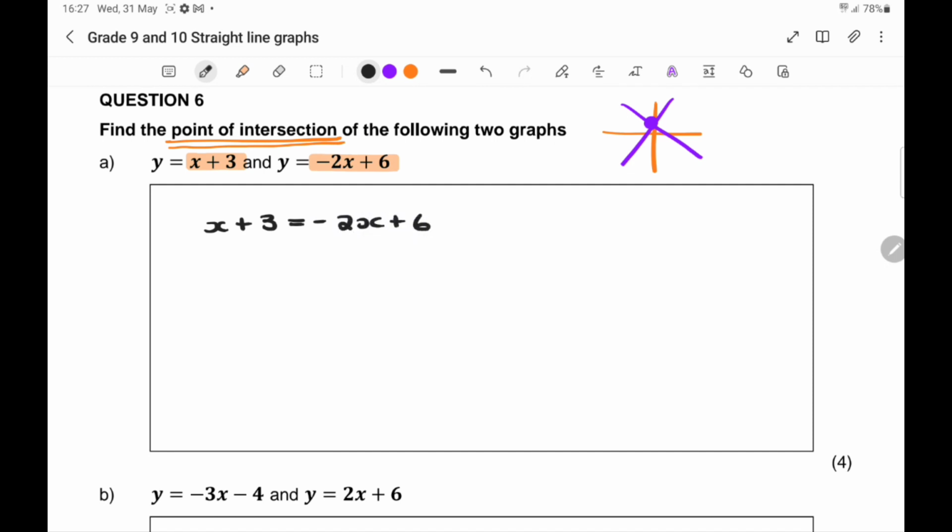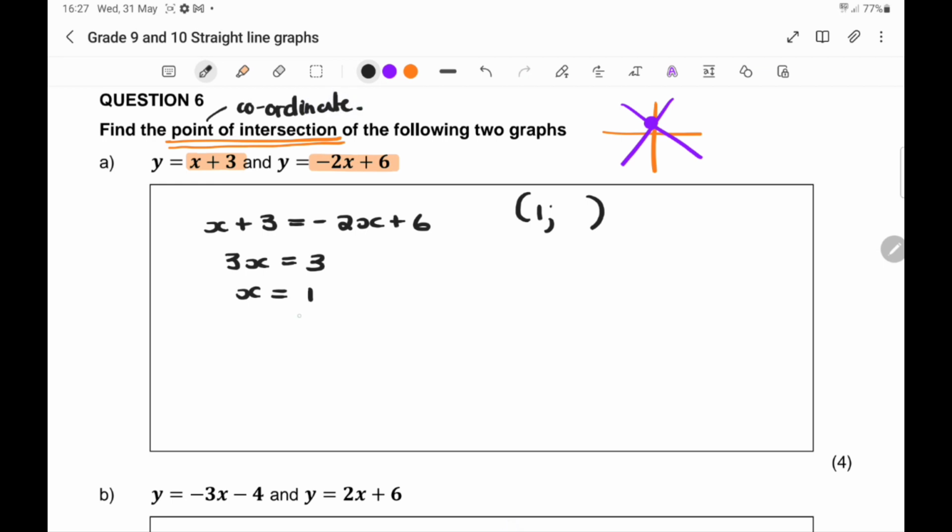Because if they're both equal to y, they are equal to each other. Hope it makes sense. And then you're just going to solve for x. So 3x is equal to 6 minus 3, which is 3. So x is 1. So now I've got my first part of the coordinate, the point of intersection.